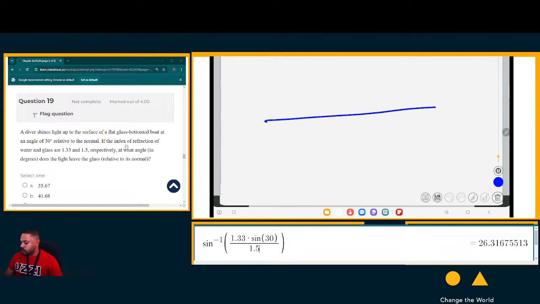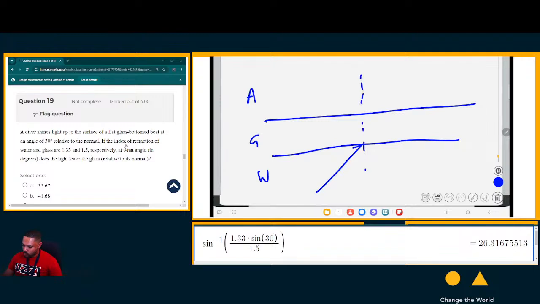26.32 degrees. Now this is what is happening. This is glass, this is water, and this is air. It's moving from glass, then it's moving to air.